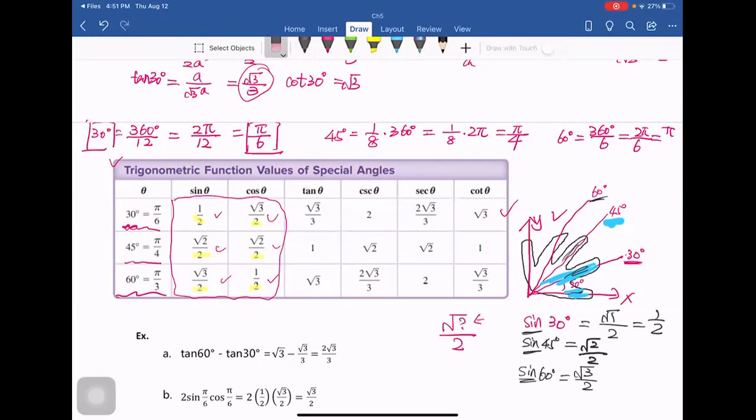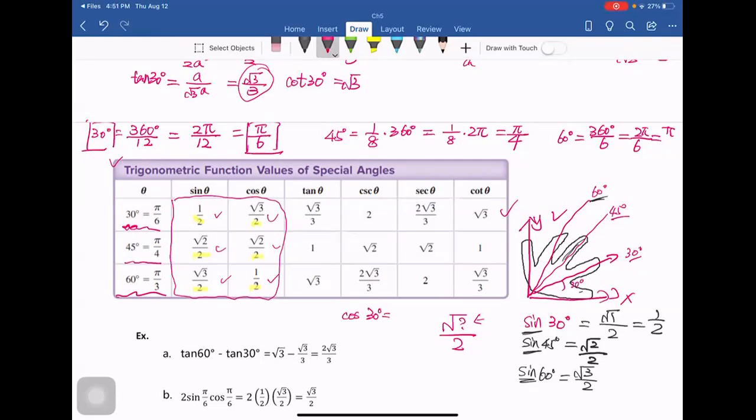So let's clean up this. Okay, we still have 30, 45, 60. These three angles are the same, but when we say cosine 30 degrees, count how many fingers above 30.